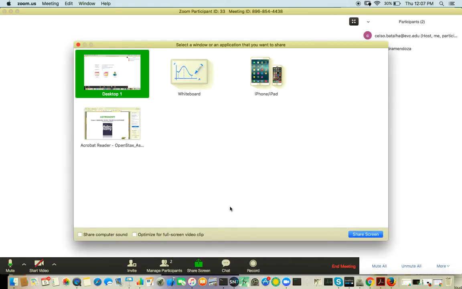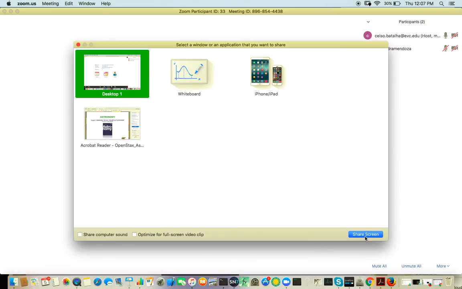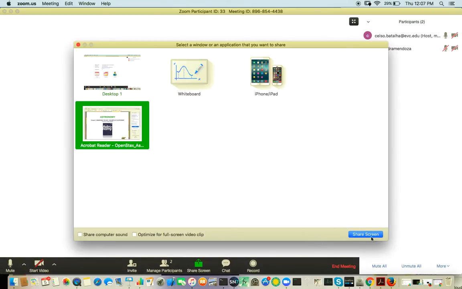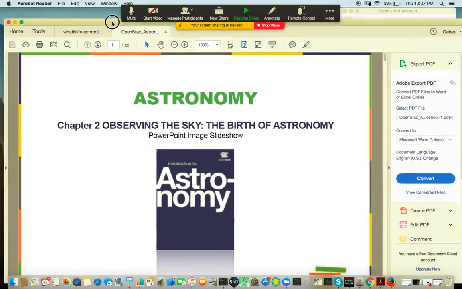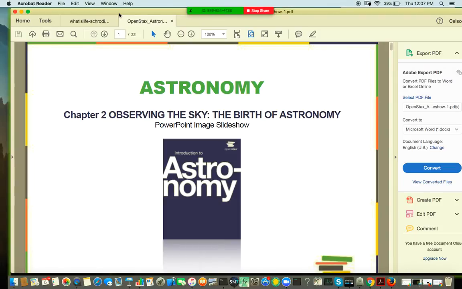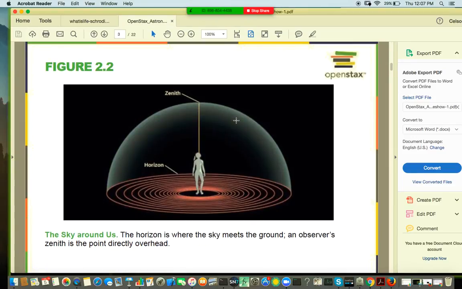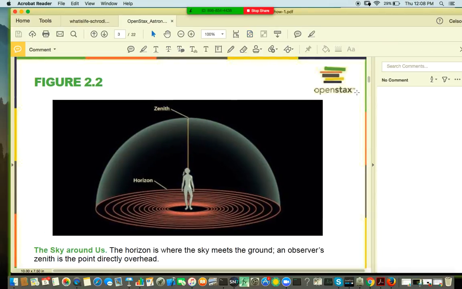I would like to share the entire optimized full screen video, share computer sound. I would prefer if I could share my entire screen, not just one of the screens available. But anyway, so if you look at this, comment, annotate.